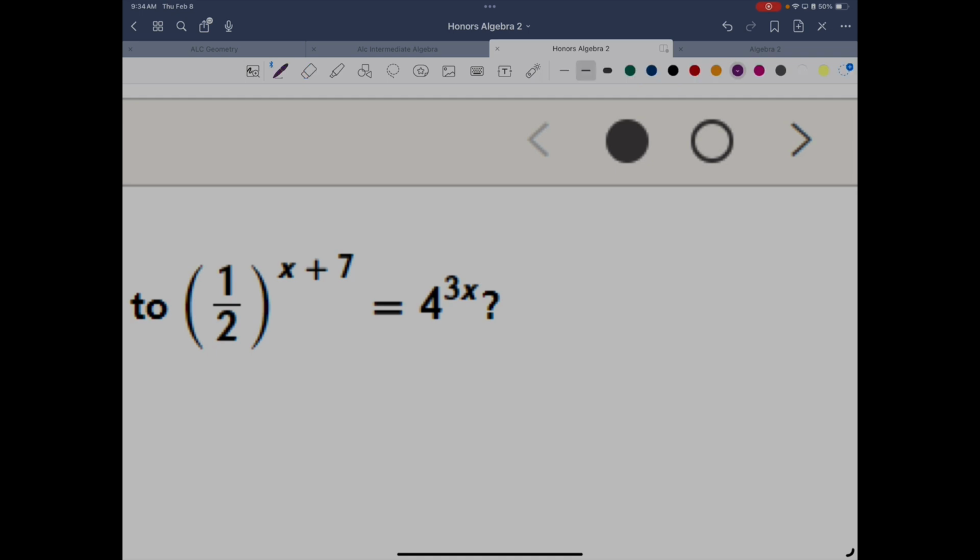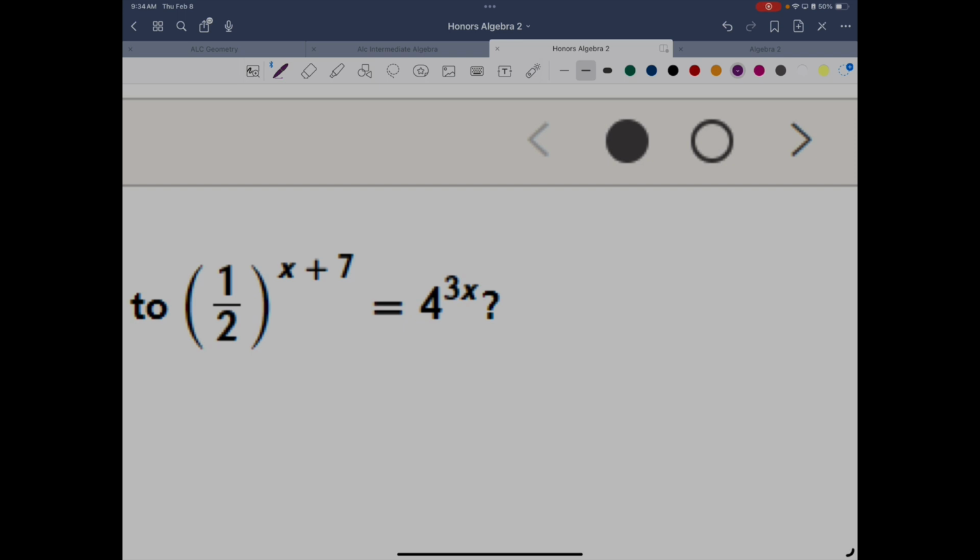So what we have to do then is think, okay, how could I manipulate this 1/2 and this 4 so that I don't change the value, but they have the same base?